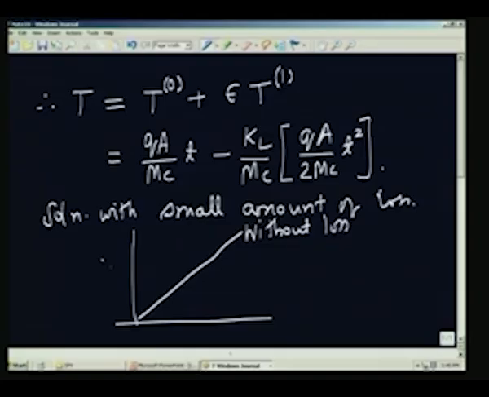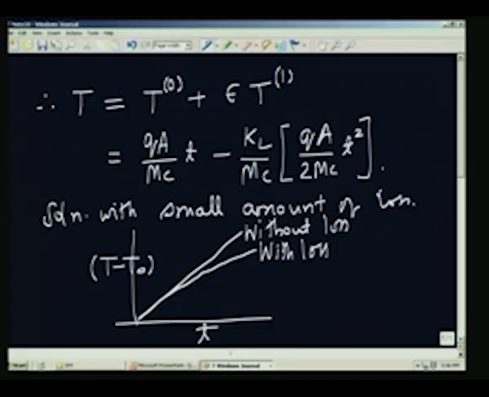What I am plotting is the temperature T minus T naught on the y axis and time on the x axis. With loss, it will become slightly nonlinear, it will go like that. This will be with loss. Of course, at very small times the difference will be very small, and as the time increases, you can see that this quadratic term is going to become important when t is large.